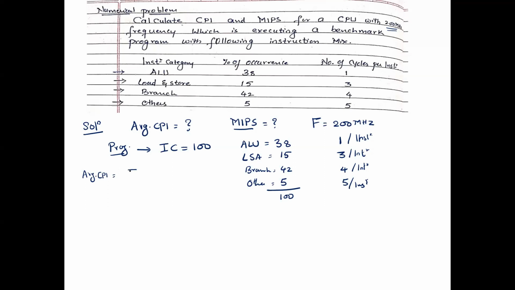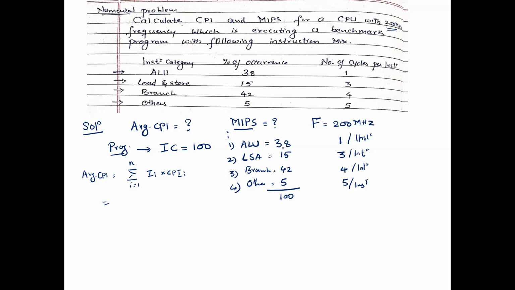Average CPI is equal to what? You need to sum up, i equal to 1 to n, instruction count and the cycles per instruction each is going to take. Now, how many such categories do we have? The n value is 4. One category is ALU, the second category is load store architecture, the third category is branch, and the fourth category is other, right? So I will write i values 1, 2, 3, 4.